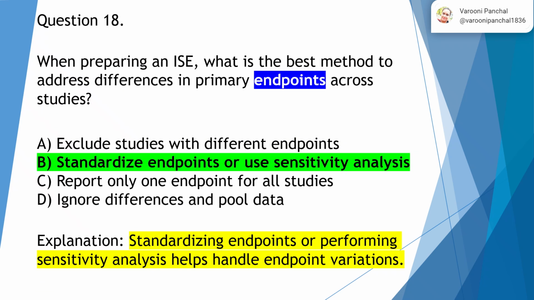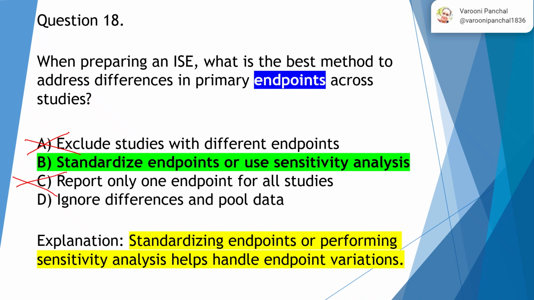Question 18. When preparing an ISE, what is the best method to address differences in primary endpoints across studies? Option A, exclude studies with different endpoints. No. Even if they are different, you cannot exclude them. Report only one endpoint for all studies.